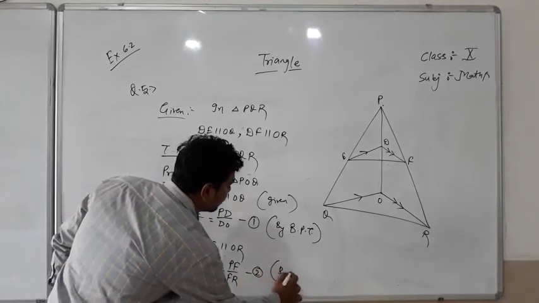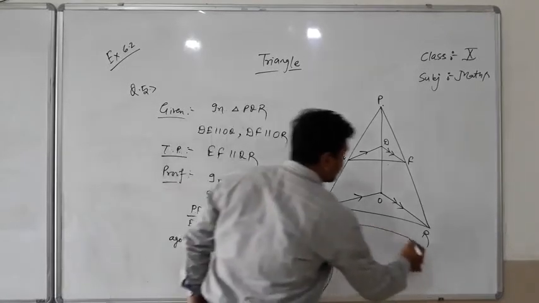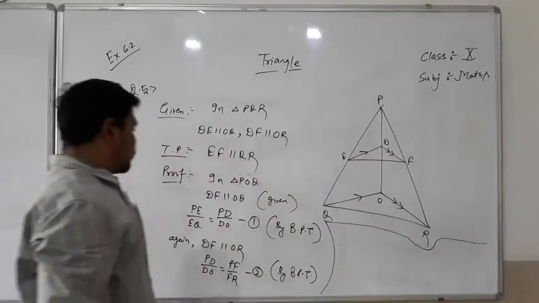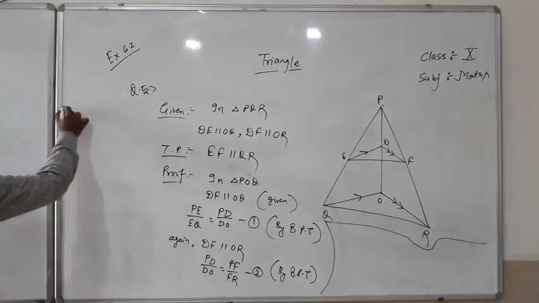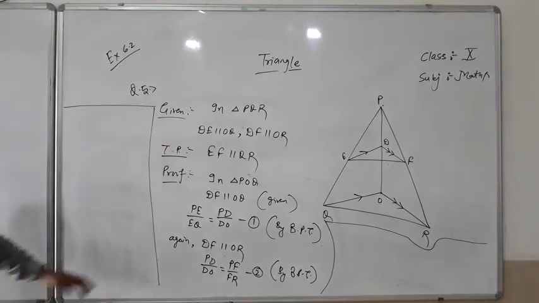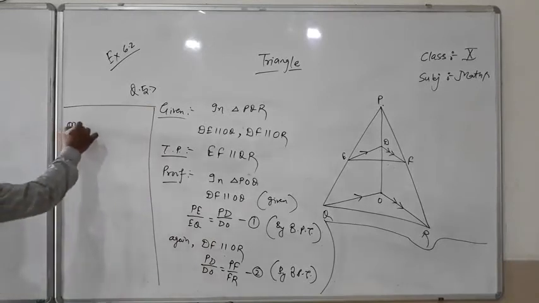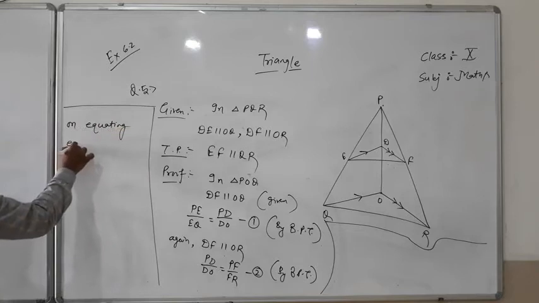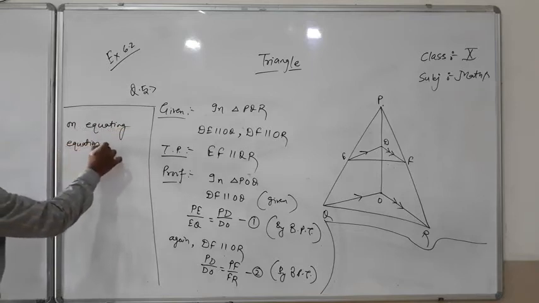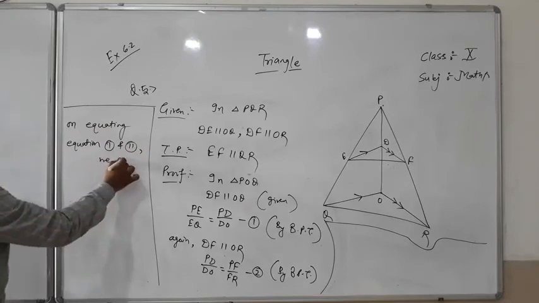That is also by BPT. So students, that is the first equation and that is the second equation. Let us solve this here from equation first and second, or we can say that on equating equation first and second we get.